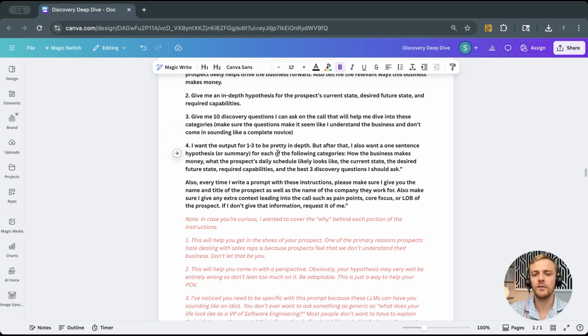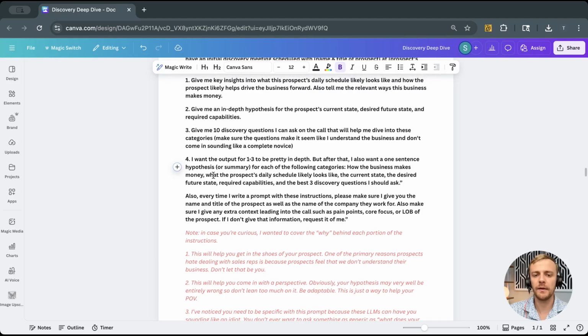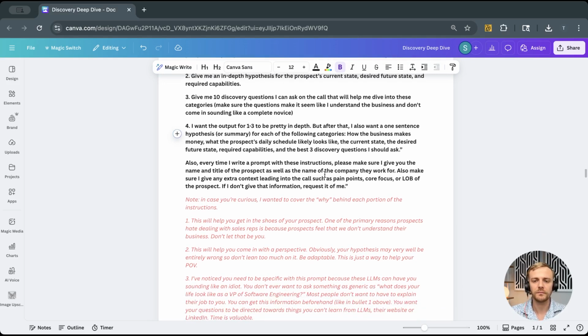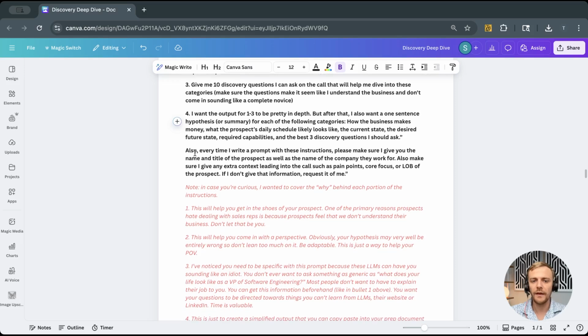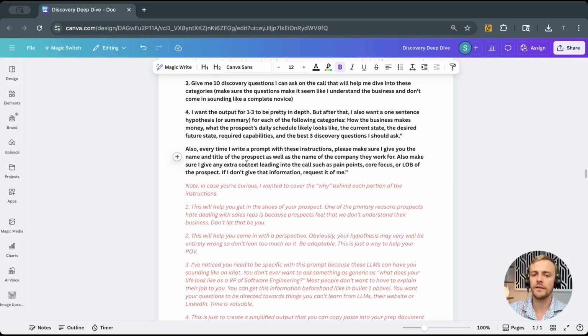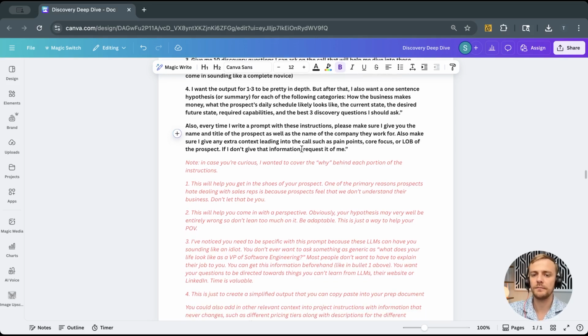One sentence for each of the following categories: how the business makes money, what the prospect's schedule looks like, current state, desired state, RCs, and 3 best discovery questions you can ask. And then you also just prompt it with, make sure I give you the name and title of the prospect as well as the name of the company they work for, and any extra context leading into the call, such as pain points, core focus, line of business.